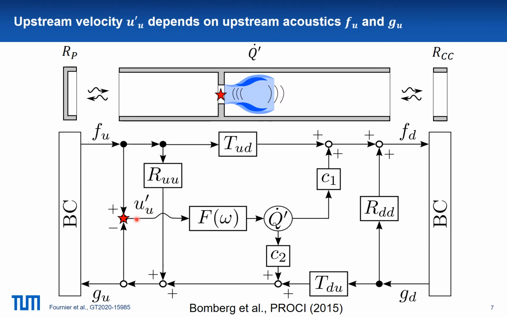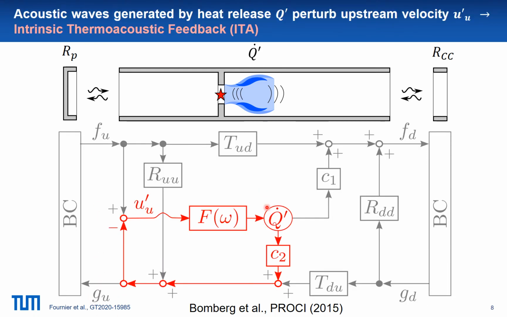But the upstream velocity U prime directly depends on the acoustics F and G. Therefore, we can see that the unsteady heat release will directly perturb the upstream velocity with this intrinsic feedback loop that we call the ITA feedback loop. That was shown by Bamberg in 2015.